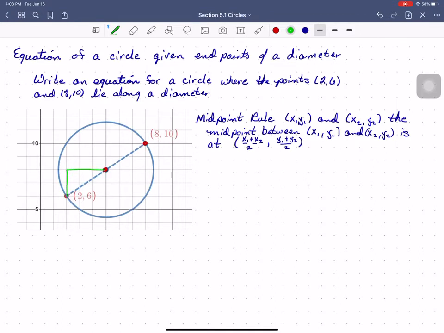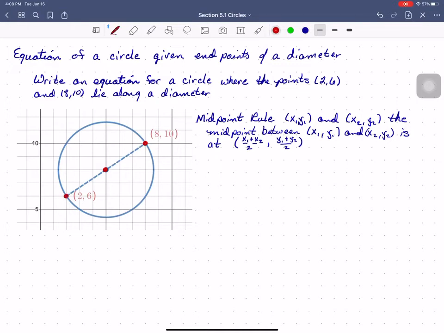Now if I compare that to traveling from one endpoint to the other point, I go up 4 and over 1, 2, 3, 4, 5, 6. So I go up half as many and over half as many. And so it kind of makes sense that we can use that the x is halfway in between the two x's and the y is halfway in between the two y's at the midpoint.